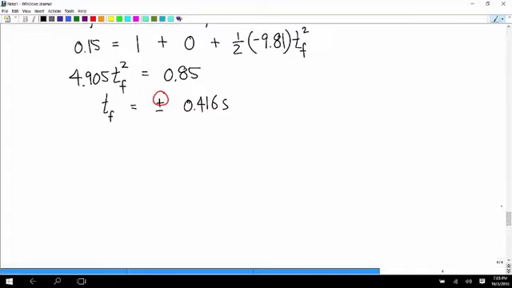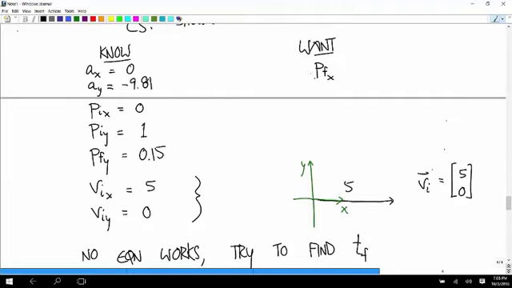And now we're back to step 2, I guess. I mean, really, we still know all the stuff we did before. We're still trying to find PFX. We just know one more thing than we did before. Now we know time final. So is there an equation that has PFX in it, and everything else is either listed here or time final?